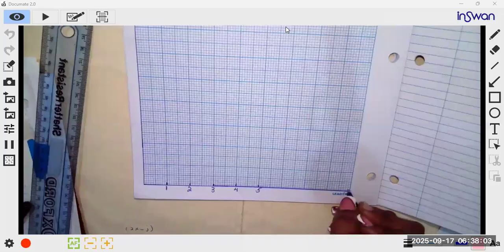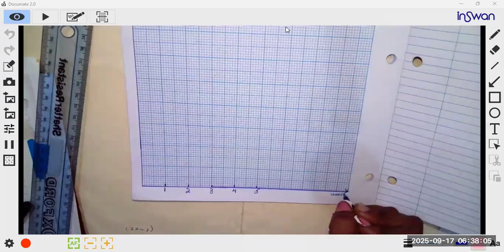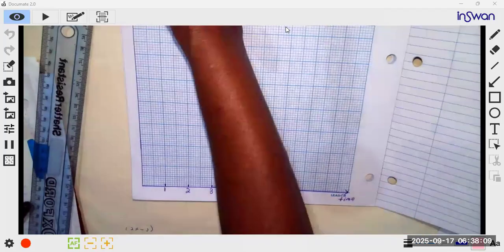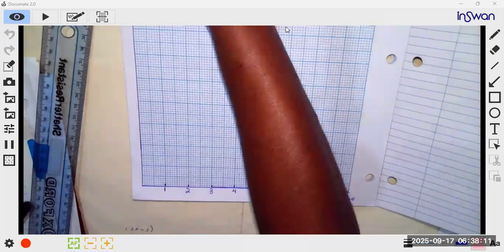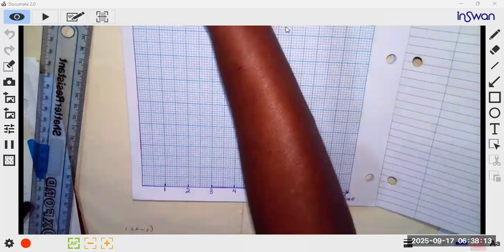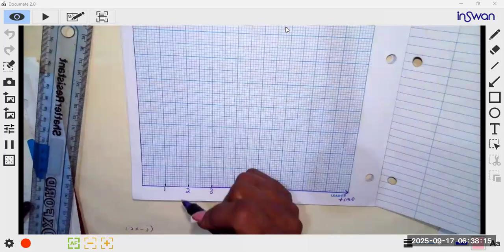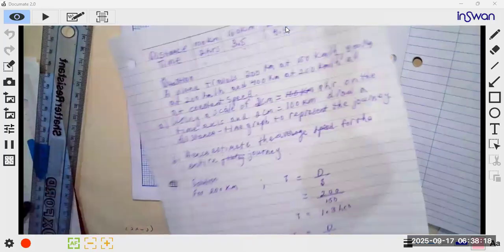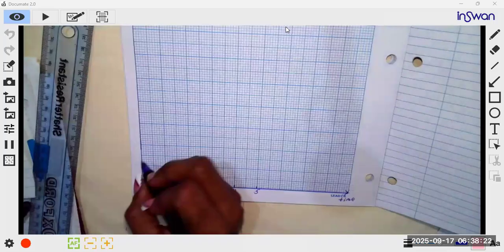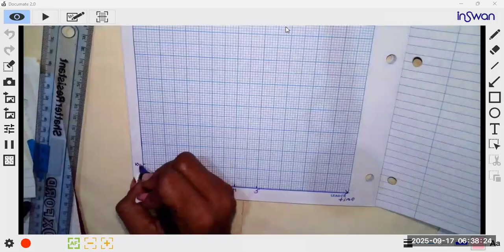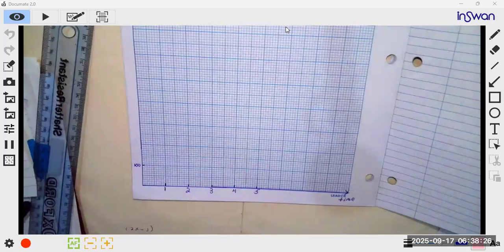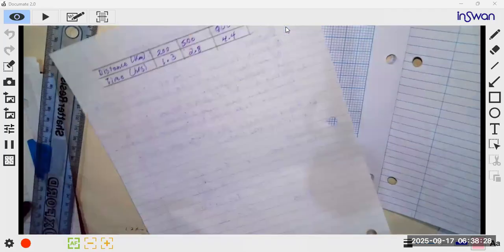So this is time. And then here will be my distance. With my distance, they said 2 cm in the question, 2 cm to represent 100 kilometers. So this will be 100, going up to the total, which is 900.